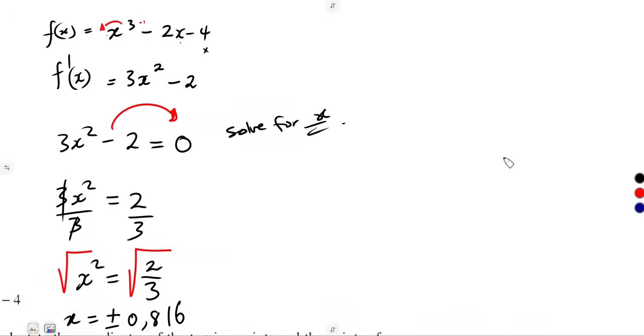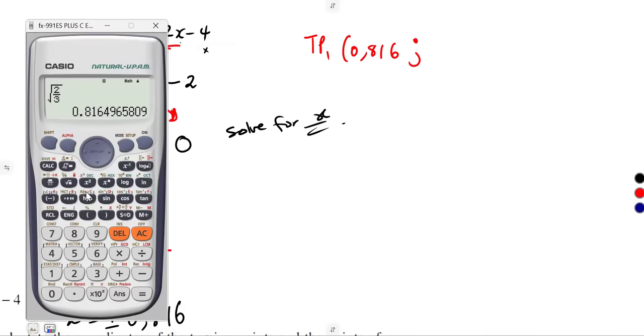So now our turning points: we have got the first one where x is a positive 0.816. You substitute the value into your f of x, your original equation, to determine the value of y.